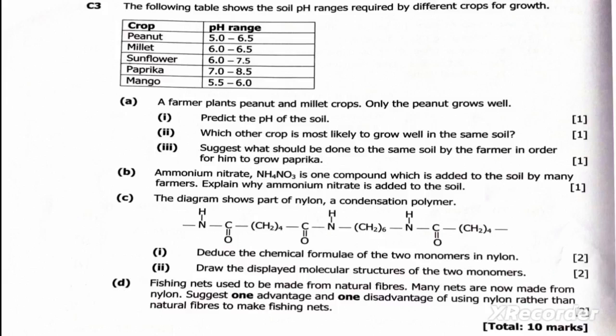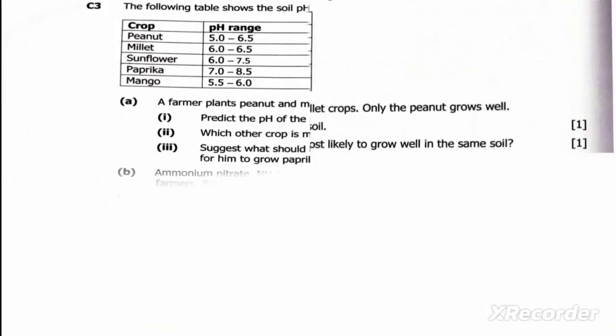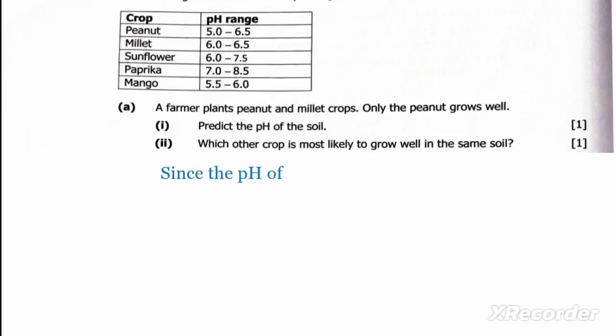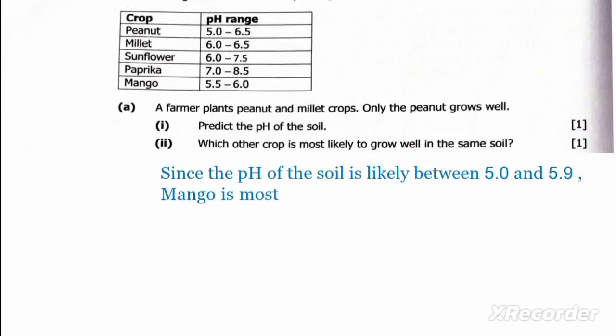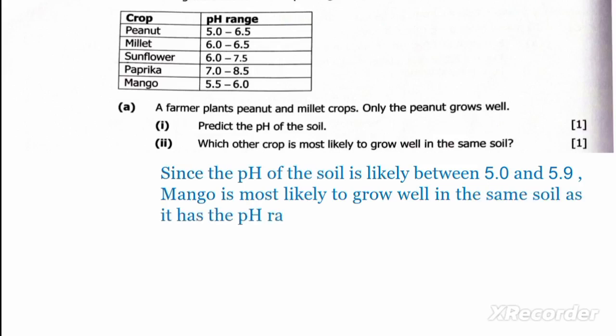So which crop will grow in the same soil? Since the pH of the soil is likely between 5.0 and 5.9, mango is most likely to grow well in the same soil, as it has the pH range of 5.5 to 6.5.